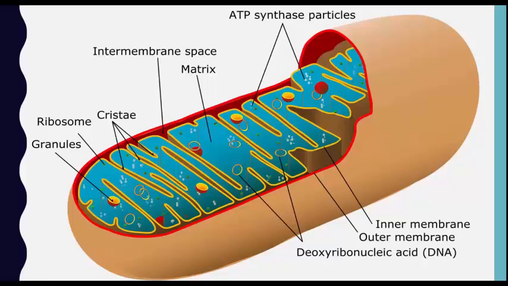As we see here, this figure shows the mitochondrion components. This is the inner membrane and this is the outer membrane, DNA. As we have said before, some components of the cell also contain a separate DNA.